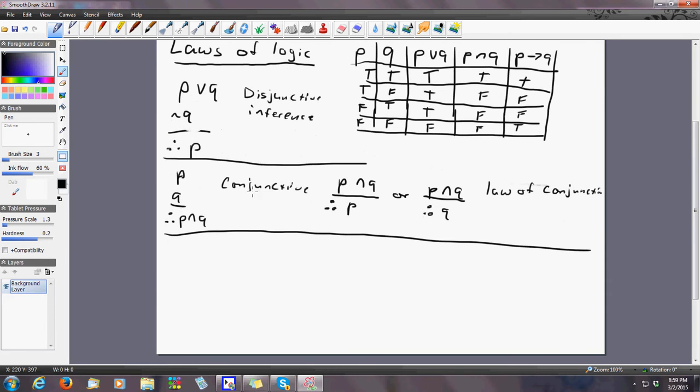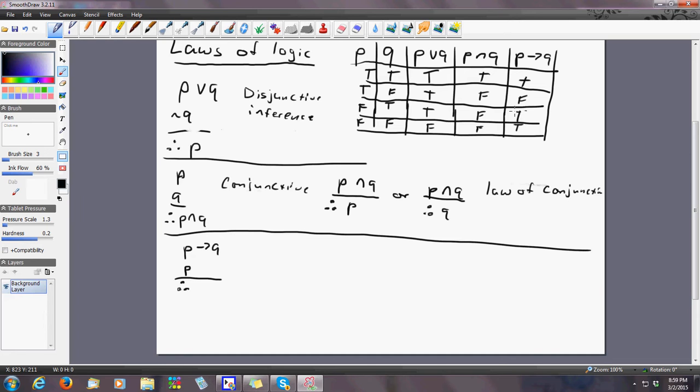So there's a few more. There's one that's really wild, but we're not going to get to it yet. We're going to get to modus ponens, which is if I have P implies Q, and I have P is true, well, take a look. P implies Q. Oh, wait a second, there's a mistake here.